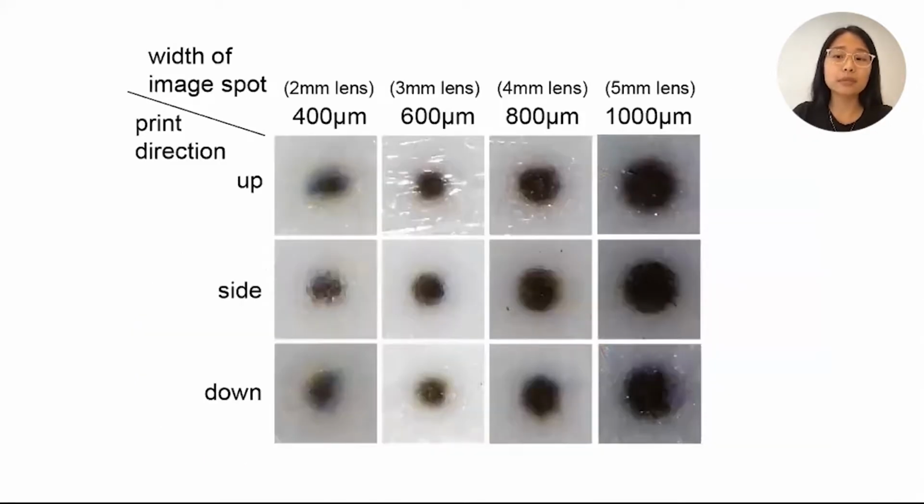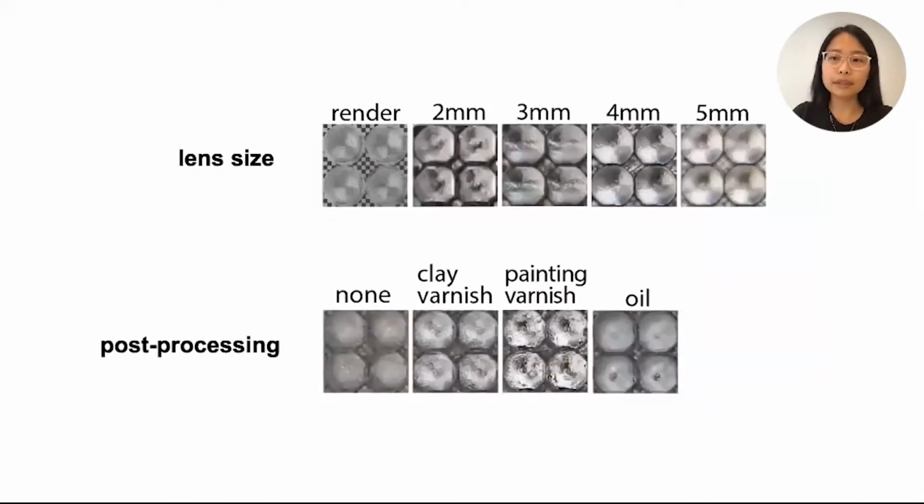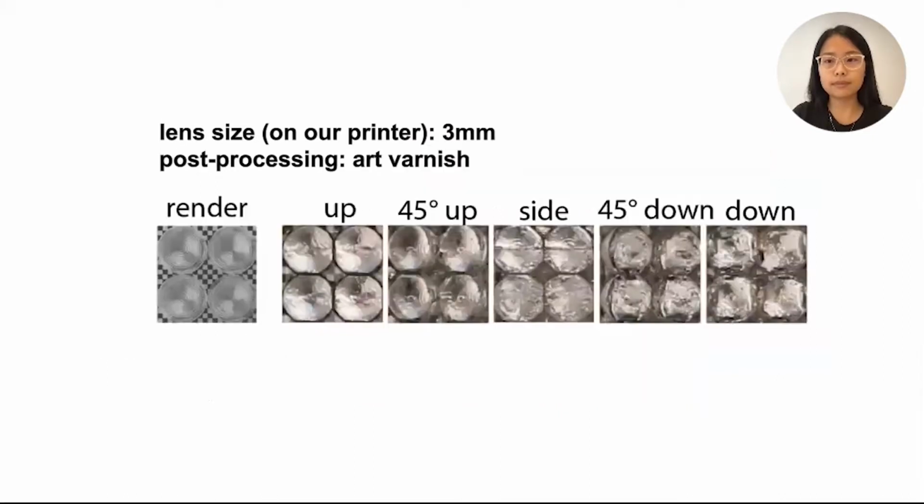We first tested the printable resolution of the underlying color pattern, and we then tested various lens sizes and post-processing methods to make sure the surface quality of the lens is acceptable. According to our results, we recommend using lenses with 3 mm diameter and post-processing with art varnish.